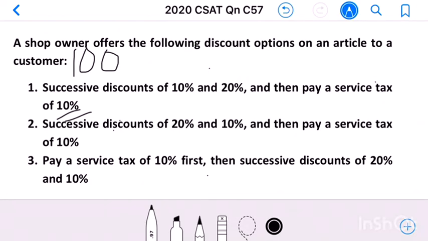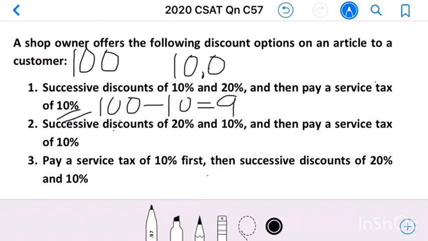To find 10% of any value, put a decimal one place from the right end. For example, 10% of 100 equal to, put a decimal point here. Then 10% of 100 equal to 10. Therefore, after a 10% discount, 10% of 100 equal to 10, it becomes 90.